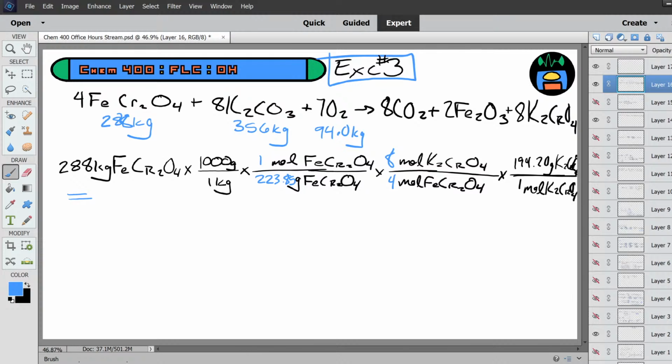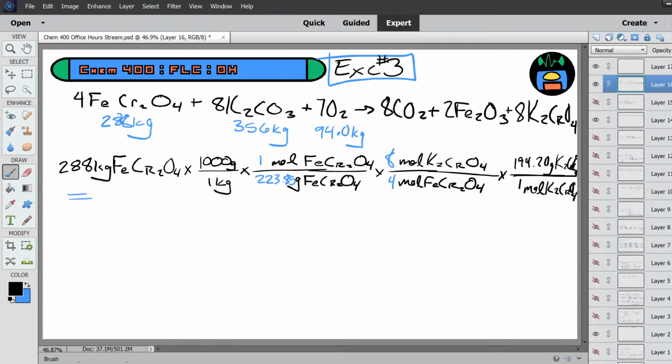And this number is so outrageously large, I'm just going to crunch this one more time. Okay, I got the same number both times.